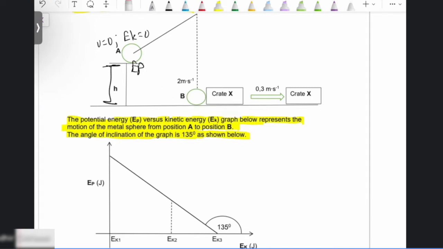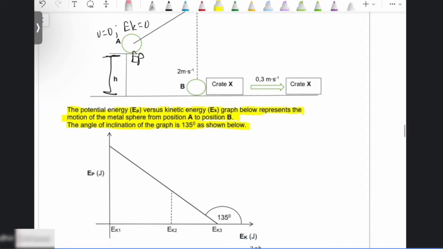Now, let's have a look at our diagram here. That potential energy, we start off with it being right there. We know that there's 0 kinetic energy, like we said at the start. As this moves further and further down, it starts to have kinetic energy, starts to have a velocity.